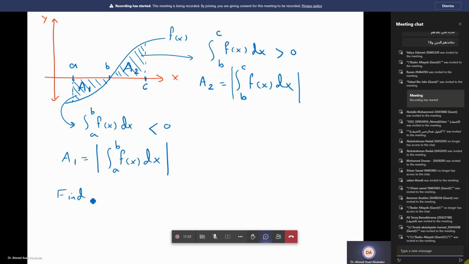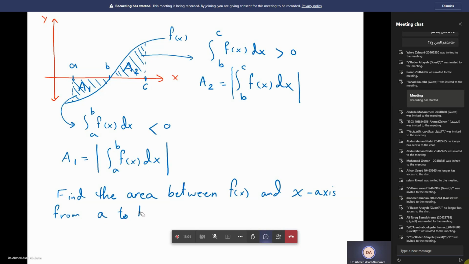Now, if we need to find the area between f of x and the x-axis from A to B to C, sorry, we have two regions.